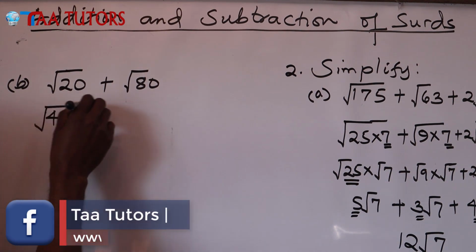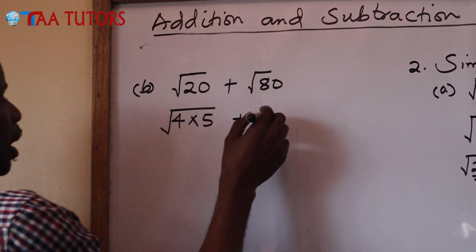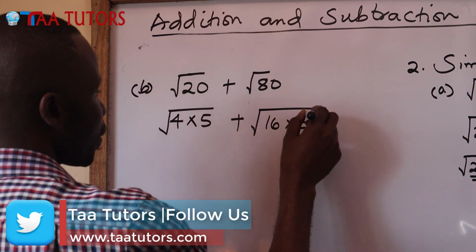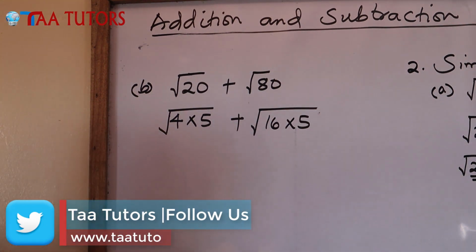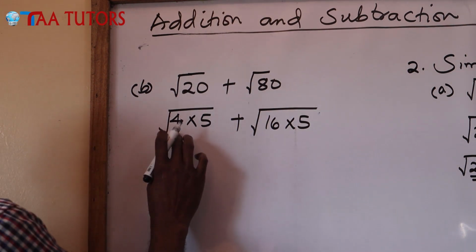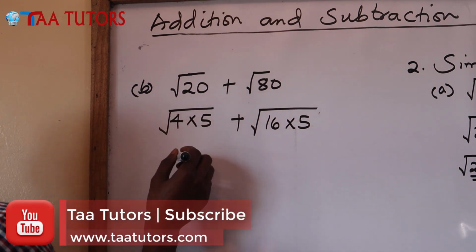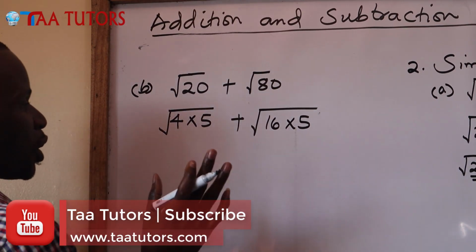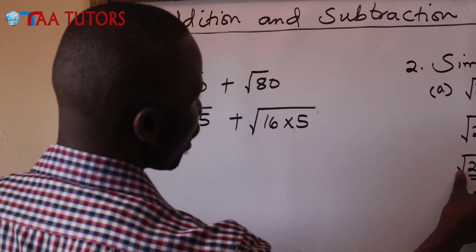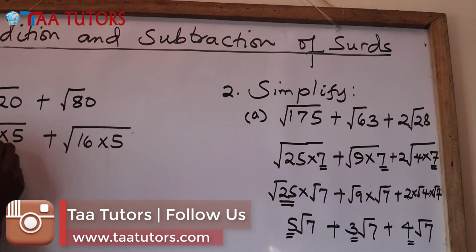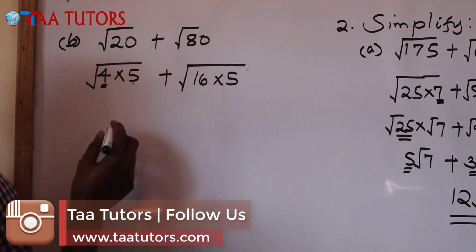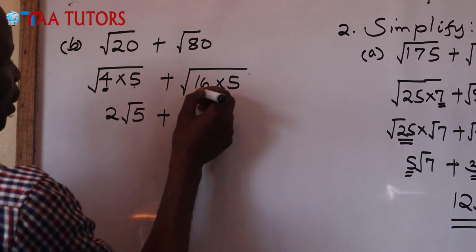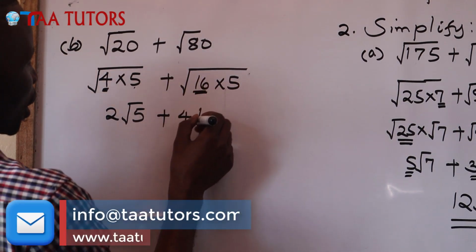So the surd of 4 by 5 plus, we have seen 80 before, and we know that it is 16 by 5. So these are the numbers if you simplify them. I can simply go directly without following this step, by saying the square root of 4 is 2 surd 5, plus this is 4 surd 5.